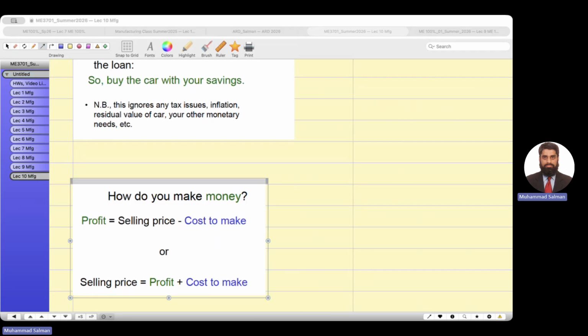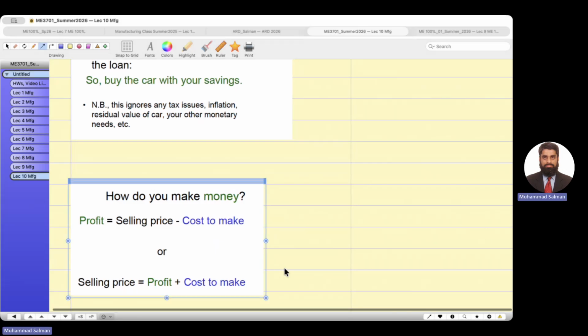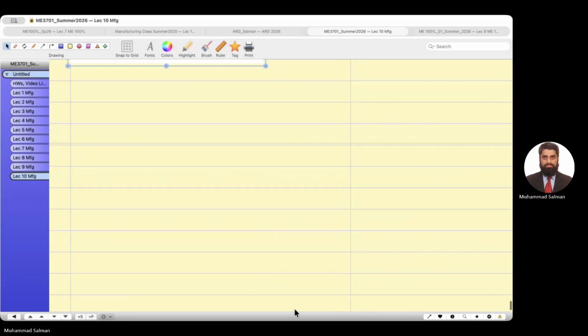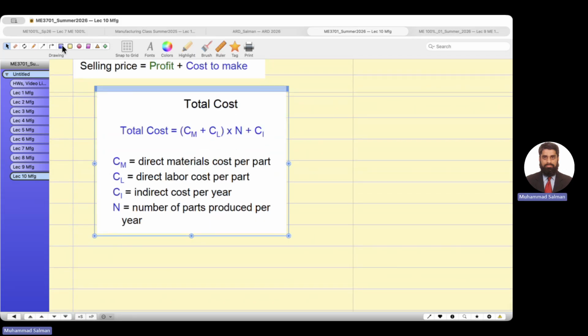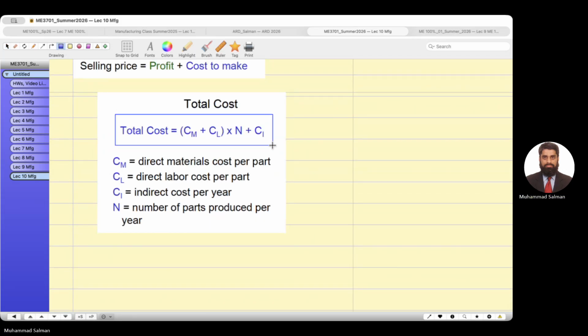It's okay. I want to show you the formula here. Yes, please write down this one. Suppose you have a total cost, which is the material cost plus the labor cost times the number of parts, plus the indirect cost per year.